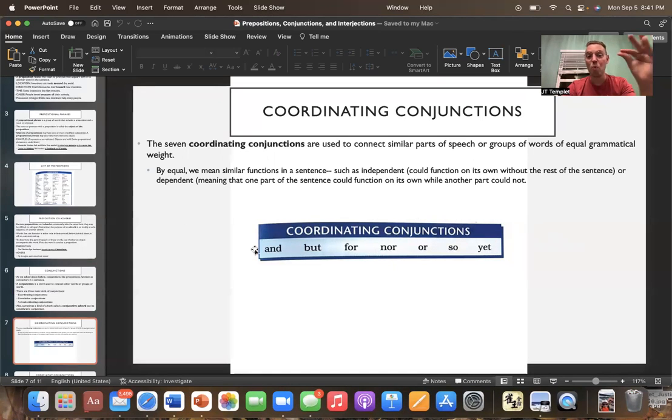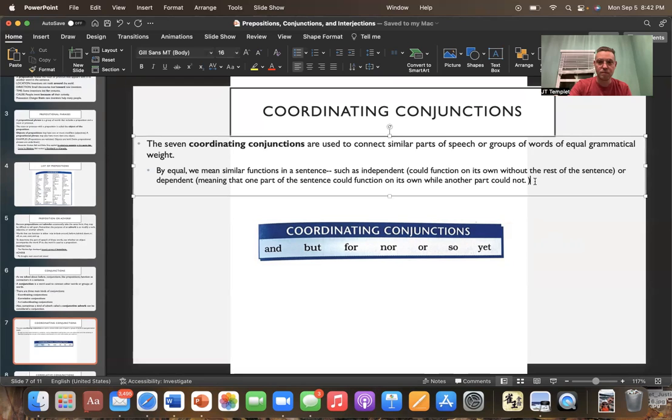equal grammatical weight. By equal, what I mean is that they have similar functions in a sentence, such as both independent, can function on their own if we separated them and wanted to make them sentences, or both dependent, meaning that neither can function on its own. These coordinating conjunctions are and, but, for, nor, or, so, yet.